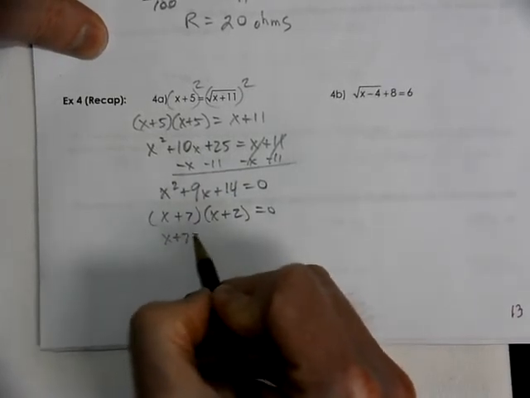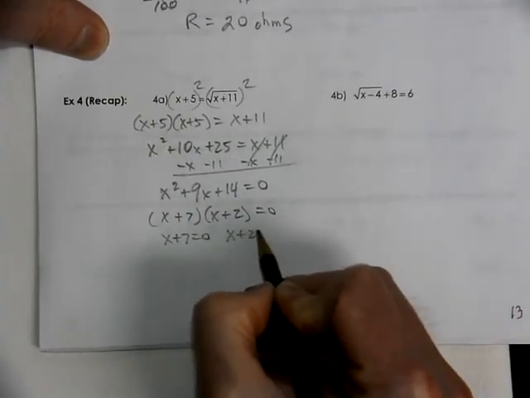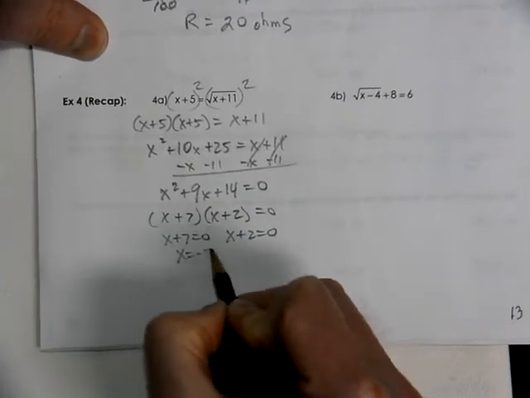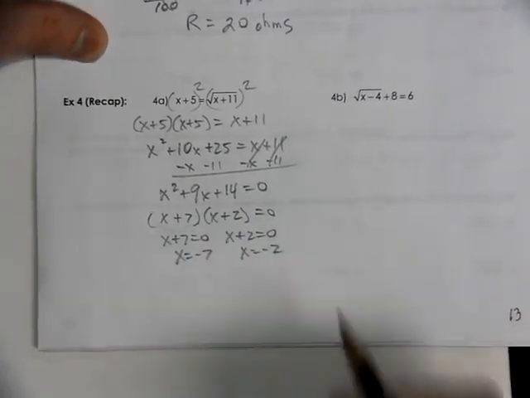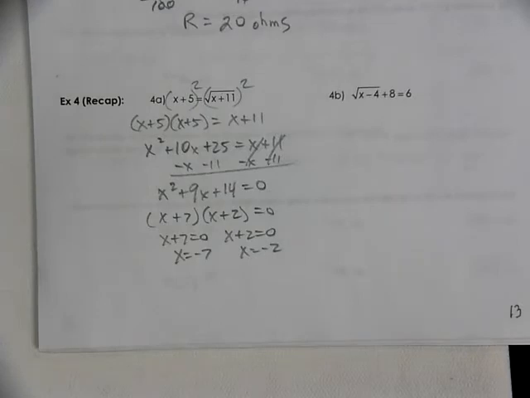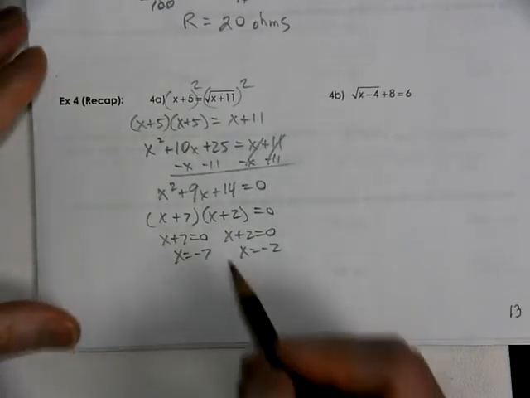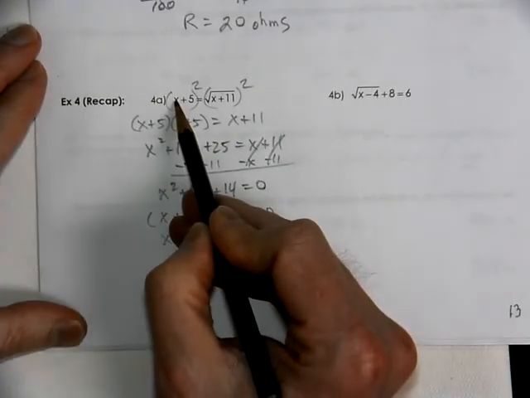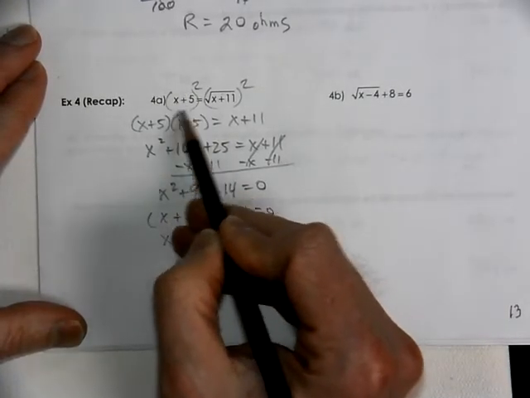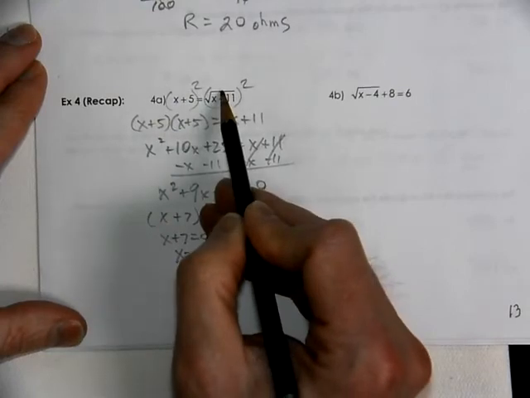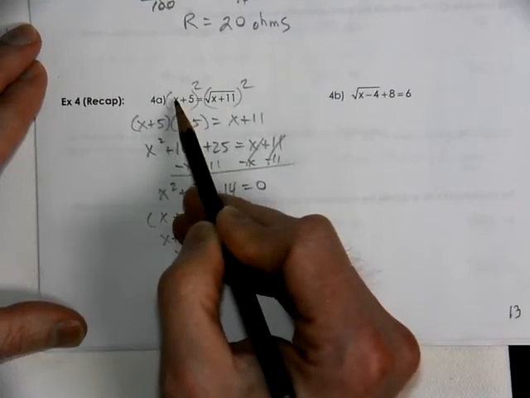That's going to give us a negative 7 and a negative 2. Now typically we recognize that when x is negative, that is usually a concern. Plug in negative 7. Negative 7 plus 5 gives us a negative 2 answer, and a radical cannot equal a negative answer.